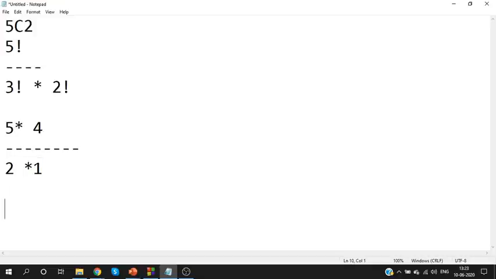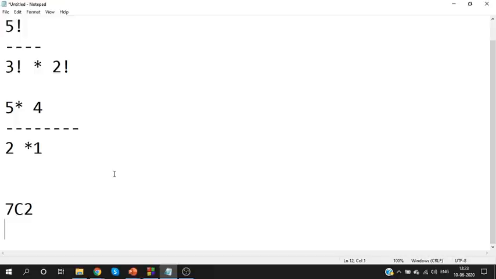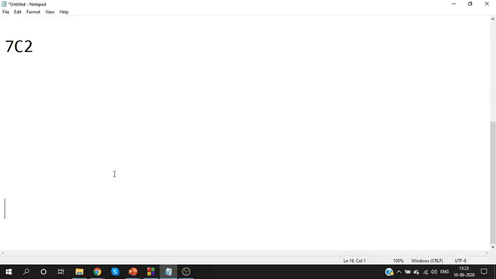Let me consider one more example. 7c3. How will we calculate it? N factorial divided by n minus r factorial into r factorial, so 4 factorial into 3 factorial.